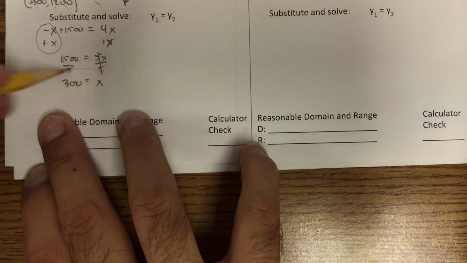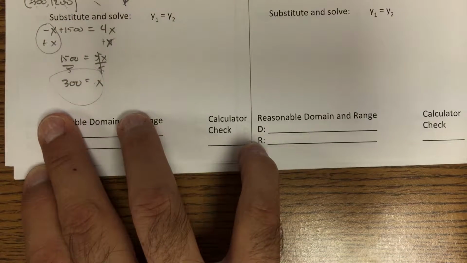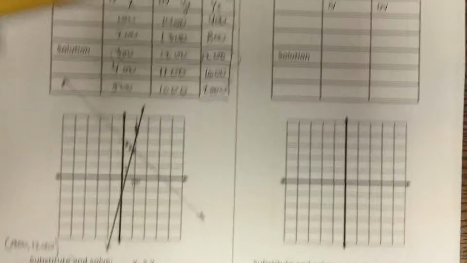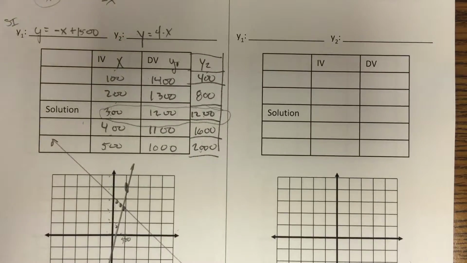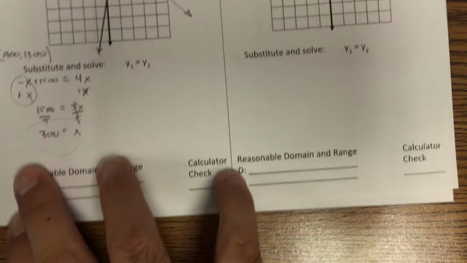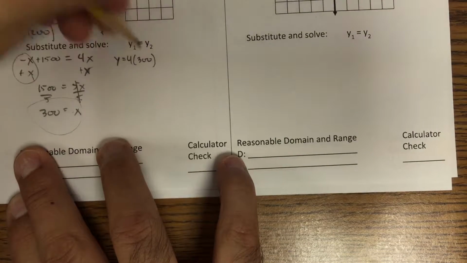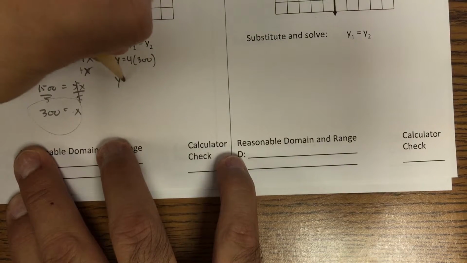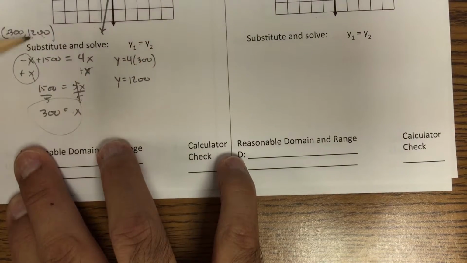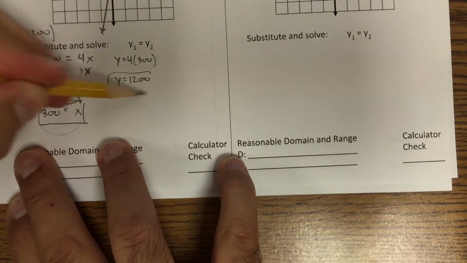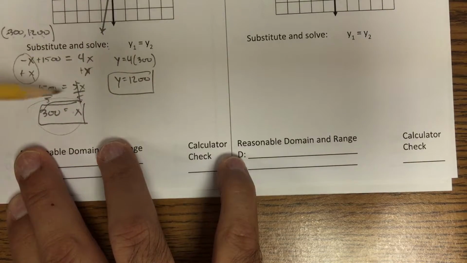And now we can take this value and substitute it into any one of our equations. Let's go back to this one right here, because that's going to be nice and easy. So we've got y equals 4 times 300. 4 times 300, y equals 1200, just like it's supposed to. So now we did the solve and substitute.